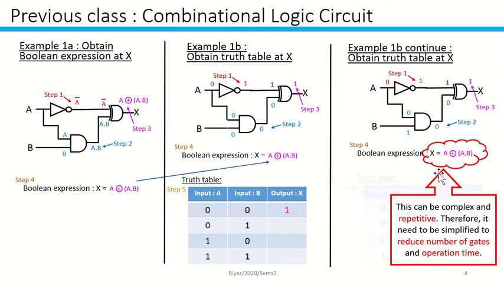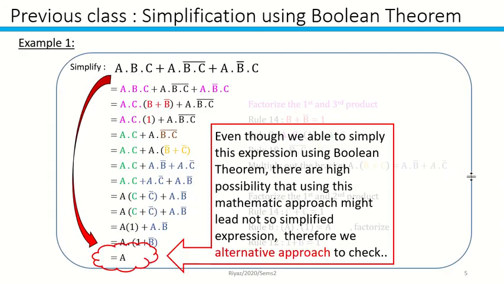I also mentioned in the previous class that the Boolean expression we have can be very complex and repetitive. That's why we need to simplify it, to reduce the number of gates and operation time. One method is simplification using Boolean theorems.